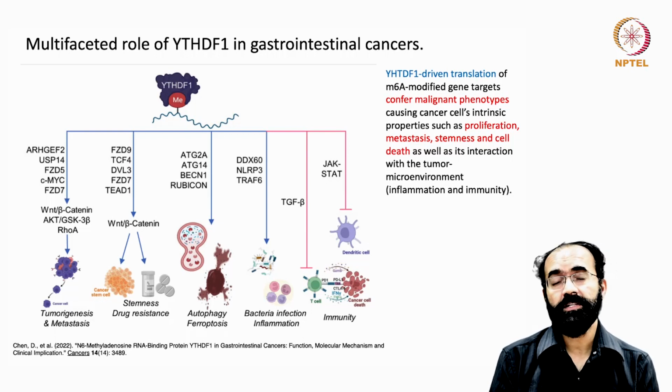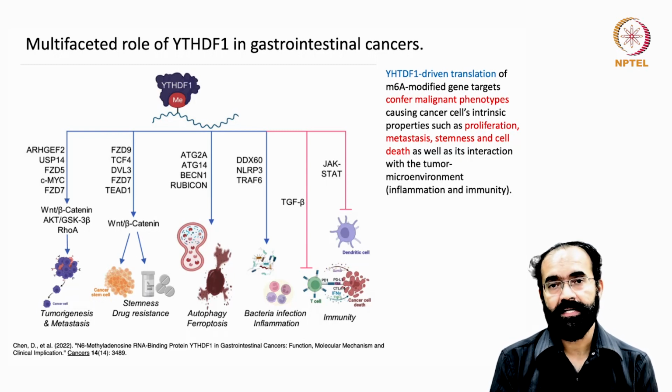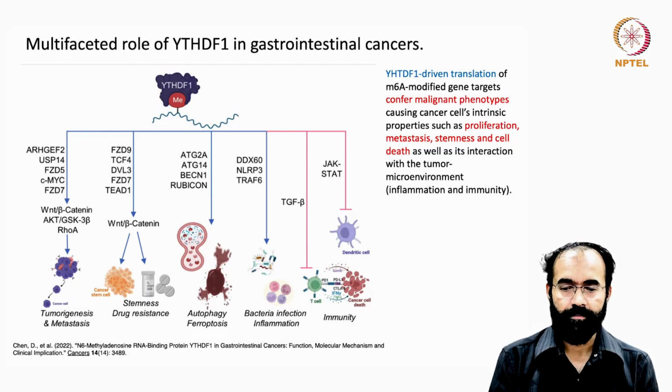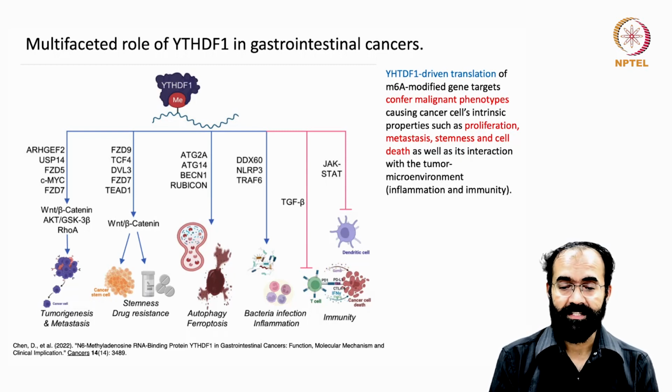All these things are attributed together because of one common factor, that is accelerated methylation, as well as the interaction with the tumor microenvironment such as inflammation and immunity. That means cancer is already facilitated because of the overaction of many of these genes.